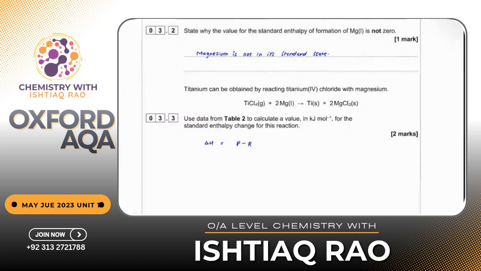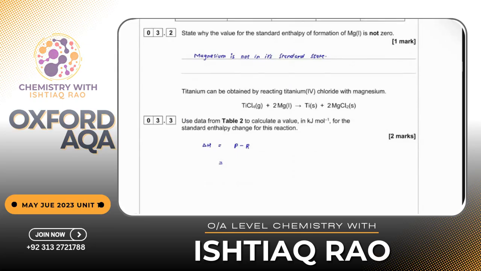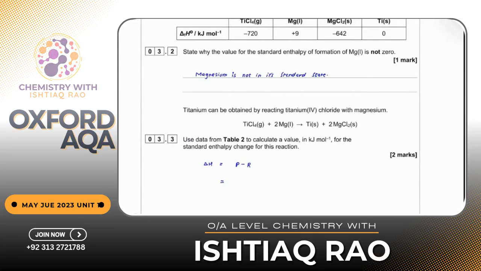Delta H equals product side, Ti, that is 0, plus MgCl2, that is 2 multiplied by minus 642, minus reactant side, which has TiCl4, so minus minus plus, and Mg liquid is 9, so it's going to be multiplied by 2.